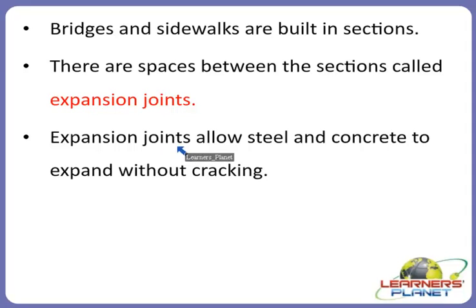And so these expansion joints allow steel and concrete to expand without cracking. So we can say that expansion joints narrow when bridge segments expand in hot weather, and expansion joints in a bridge separate when the side-by-side segments of a bridge contract in cold weather. So in this way, this expansion and contraction takes place.